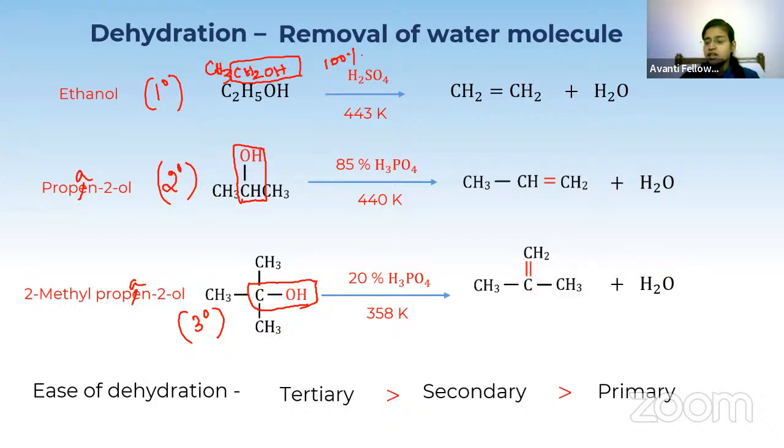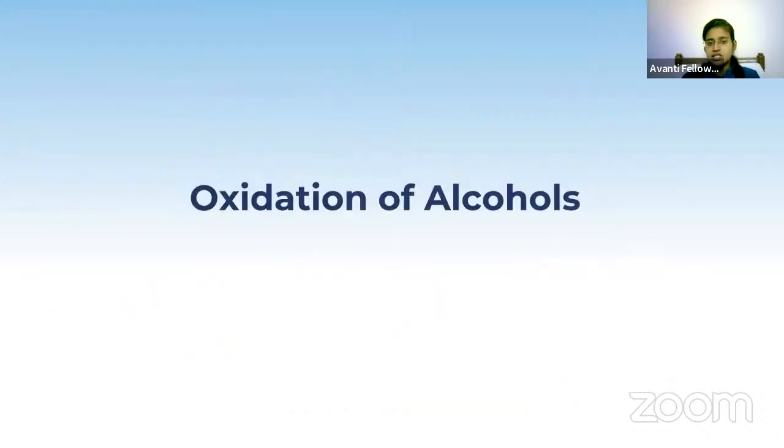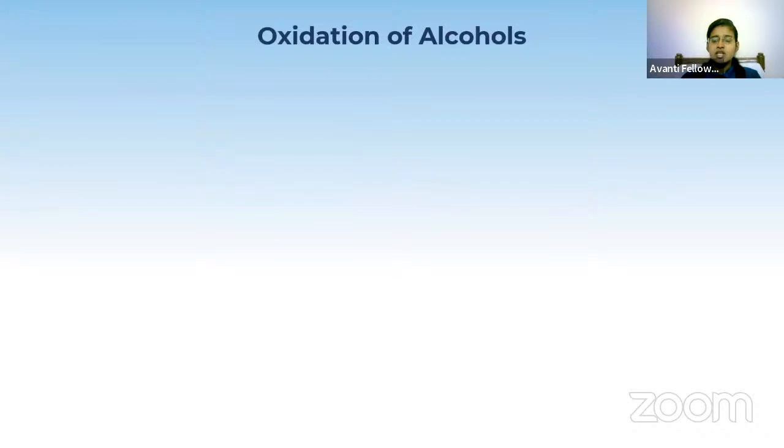Okay, fine. Now we will go for the next type of reaction, the third type of chemical reaction, which is oxidation of alcohol. What is meant by oxidation? It is addition of oxygen or removal of hydrogen, right? So what will happen if we oxidize the alcohol?